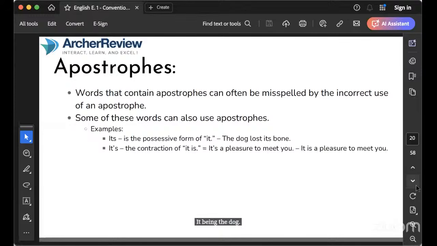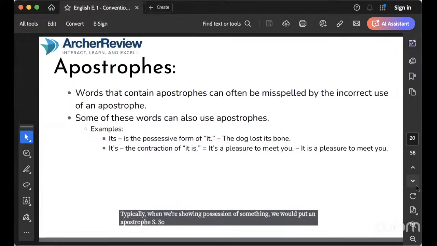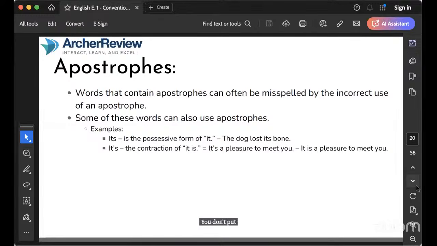Now, typically when we're showing possession of something, we would put an apostrophe S. So if I say that is the boy's bicycle, you would say boy, BOY, apostrophe S. Whose bicycle? The boy's bicycle, apostrophe S. However, with this pronoun, you don't put the apostrophe S to show possession.